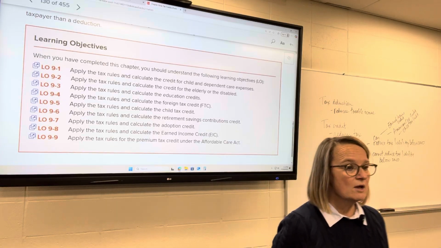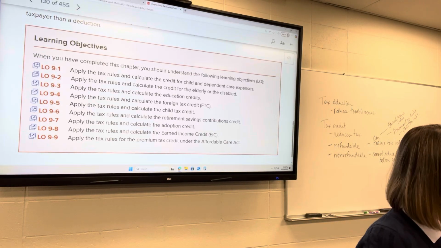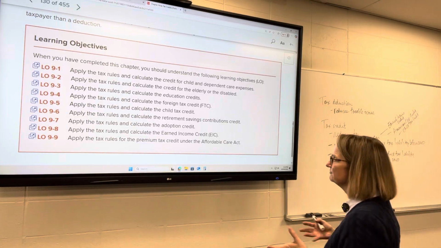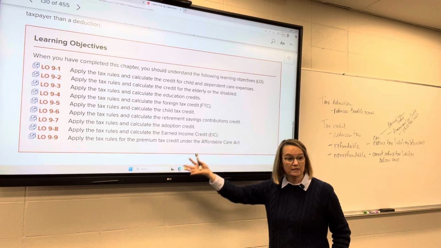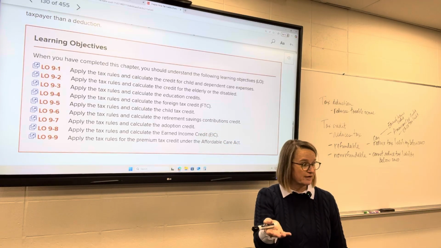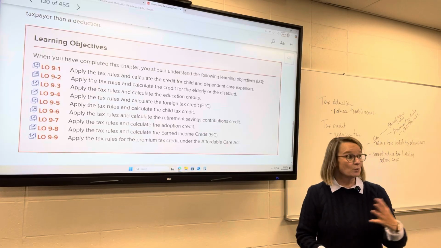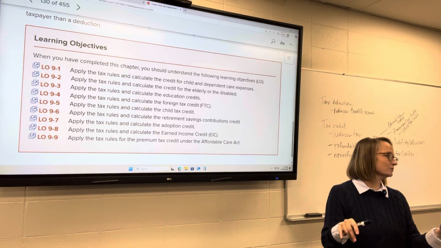Retirement savings contributions credit. This is a credit for individuals who contribute to retirement accounts if they meet certain income thresholds, and the income thresholds are fairly low. If you meet that threshold and you contribute to a retirement fund, then you can get an additional credit, as well as a deduction because it reduces your taxable income.